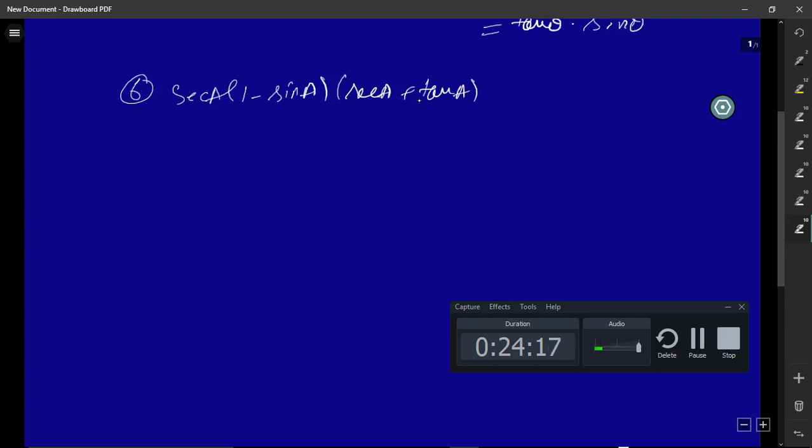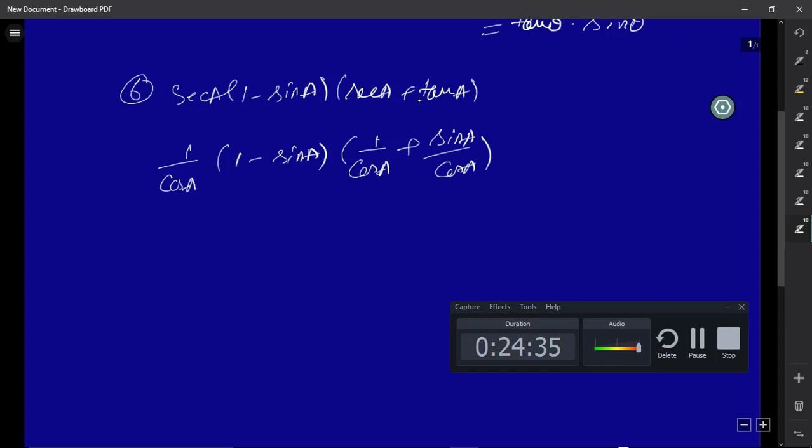So secant A, I can write it as 1 by cos A, right? This is already in the form of sin, I'm writing it as it is. Secant, I can write as 1 by cos. Tan, I can write as sin by cos.